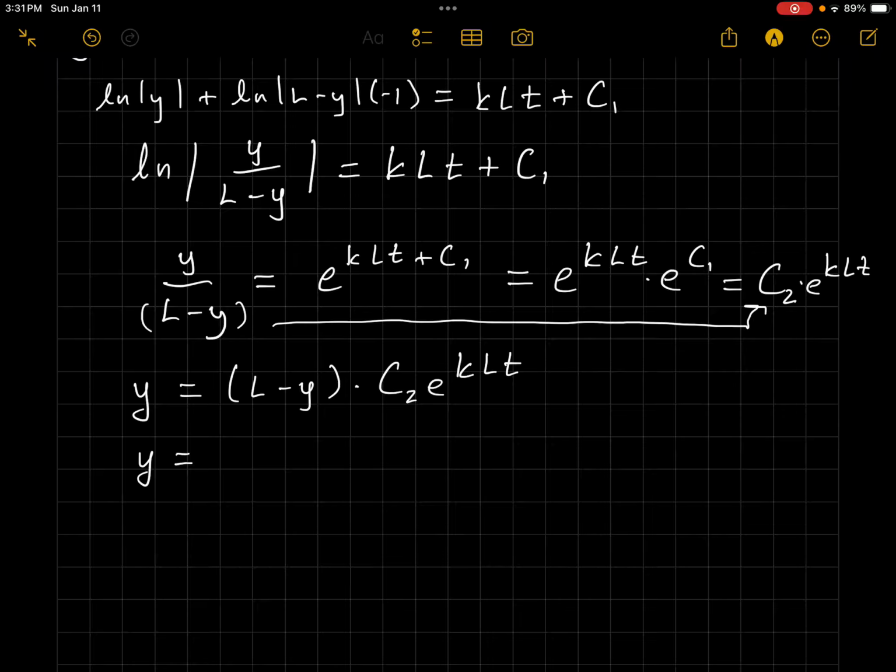Then we can distribute, giving us L times c2 e to the kLt. I'm not going to make L times c2 a separate constant. We'll see why in a bit. Minus y times c2 times e to the kLt.